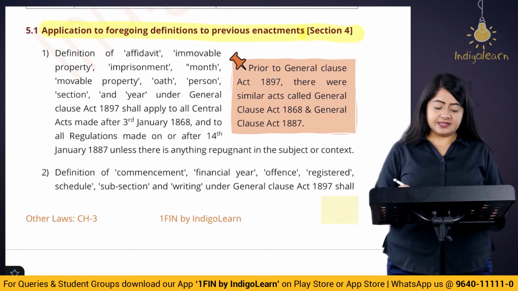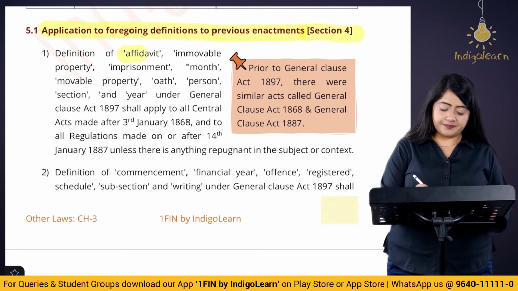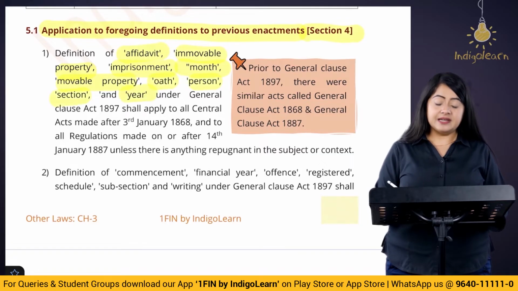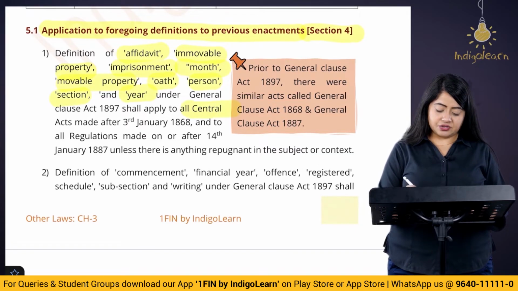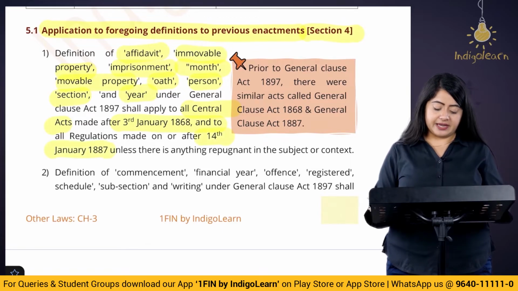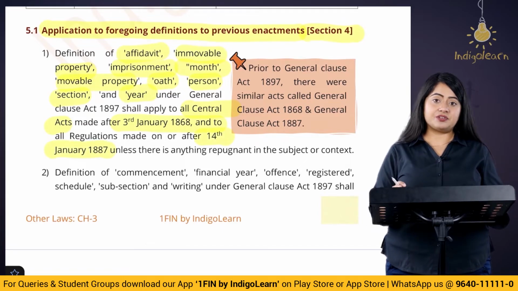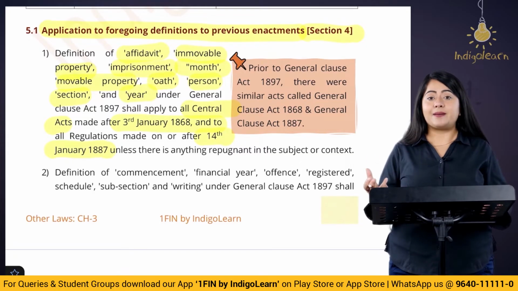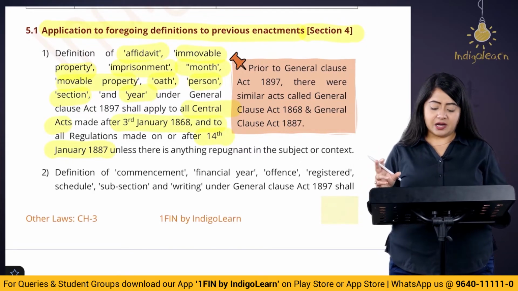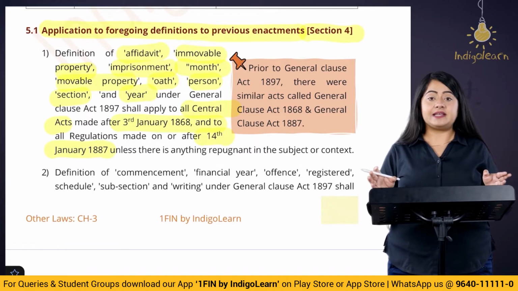So section 4 says that the meaning of the words affidavit, immovable property, imprisonment, month, movable property, oath, person, section, year will be applicable on all the central acts and regulations made from 3rd January 1868 till 14th January 1887. Okay, so these are the definitions applicable on the central acts made from 1868 till 1887.